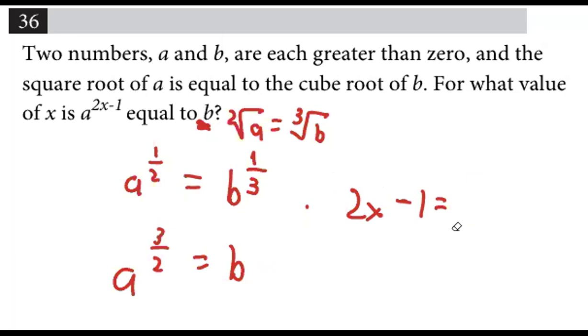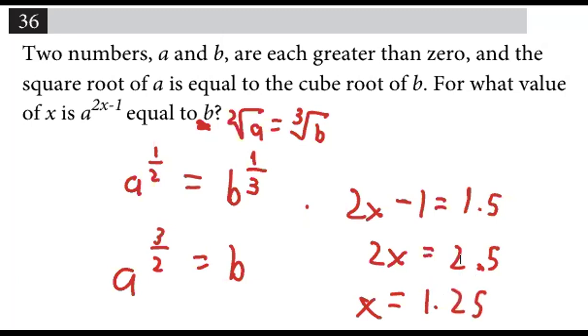So 3 over 2 is just 1.5. Now we have to add 1 to both sides. That gets us 2x equals 2.5. And then we divide both sides by 2, and we get x equals 1.25. So what value does x have to be? x has to be 1.25.